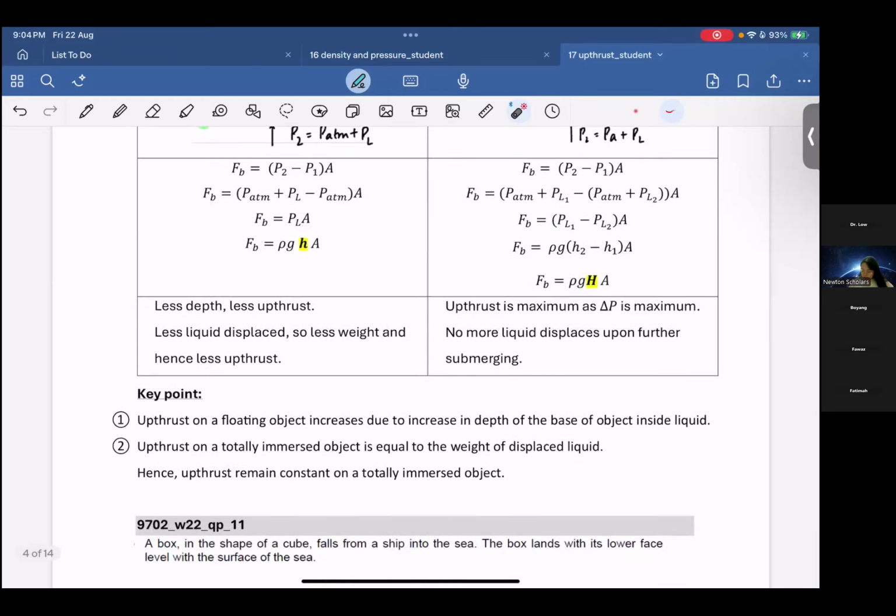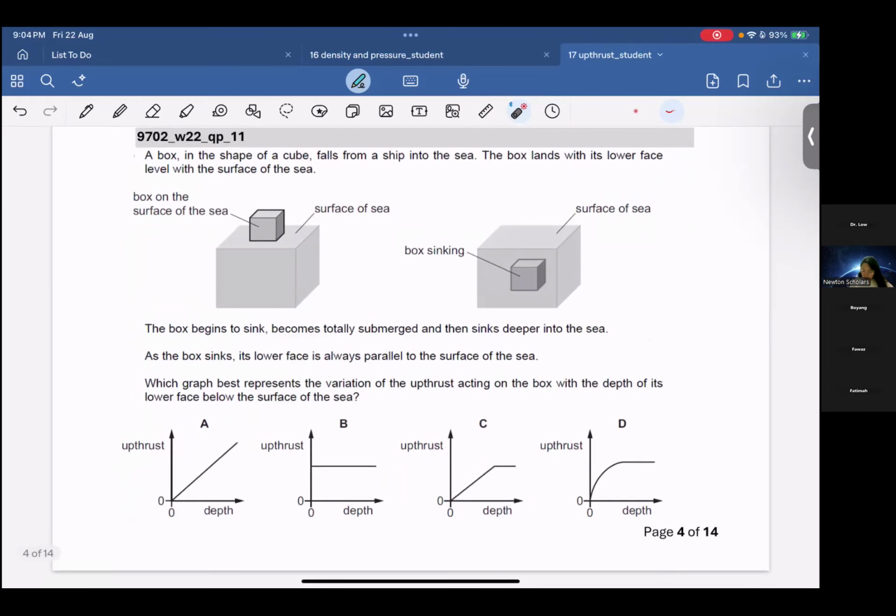So I want to let you know about this past year question. Starting at the surface, there must be no upthrust, so it should start from 0. So B will be wrong. It should start from 0. So here, this one is correct, starting.